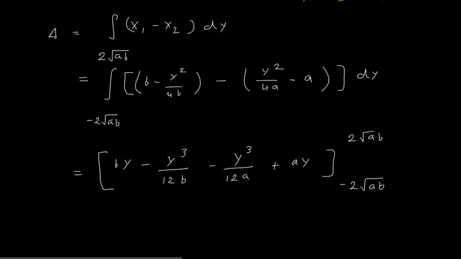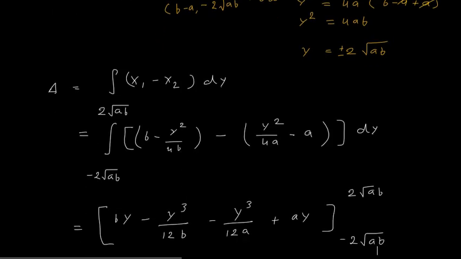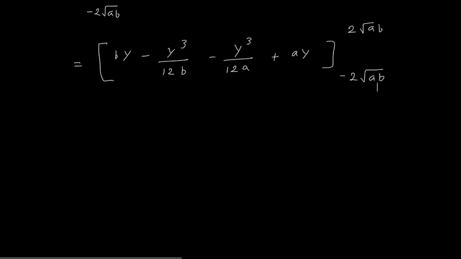Actually what we could have done, that as it is symmetrical about x-axis, if we have found out the top area and multiplied it with 2, we could get the answer. So here let us do that.